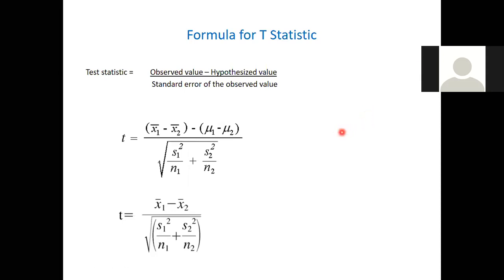Now, the null hypothesis will say there is no difference in the mean weight of the teachers in the public and the private. If there's actually no difference, then if you subtract value B from value A, it will give you 0.